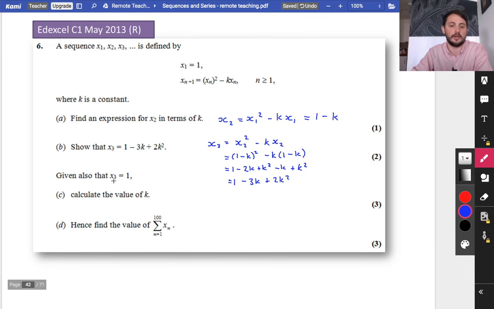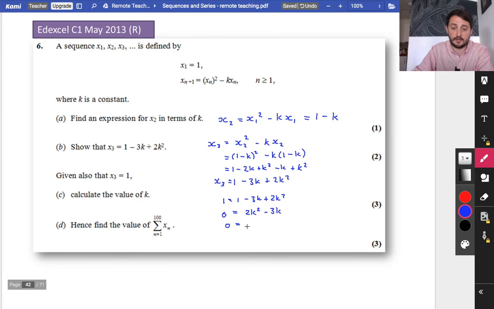Given also that x3 is equal to 1, calculate the value of k. So I now know that this thing is 1. So I get 1 equals 1 minus 3k plus 2k squared. So, subtracting 1 from both sides, I get 0 equals, and just flipping these around, 2k squared minus 3k.